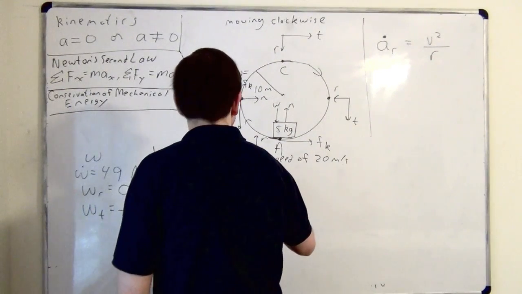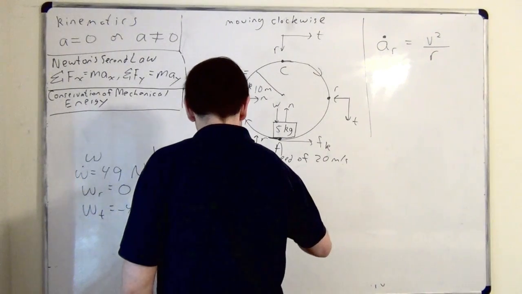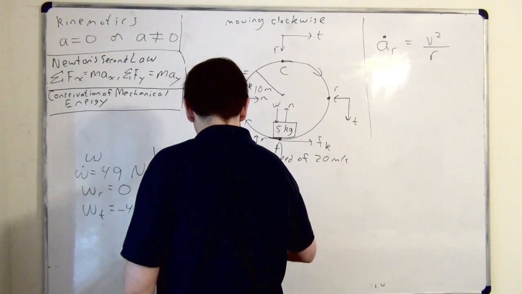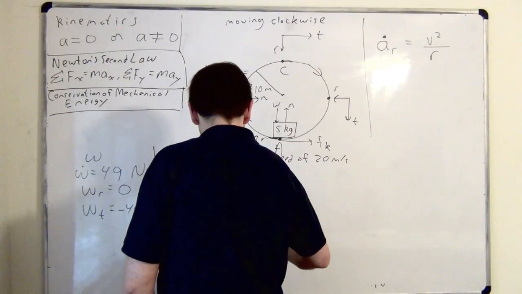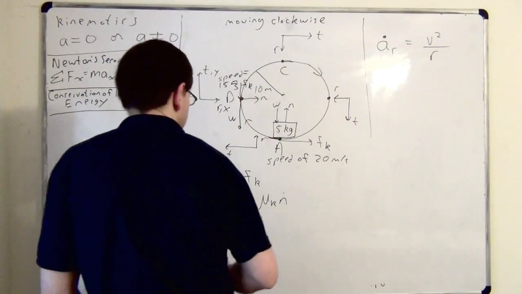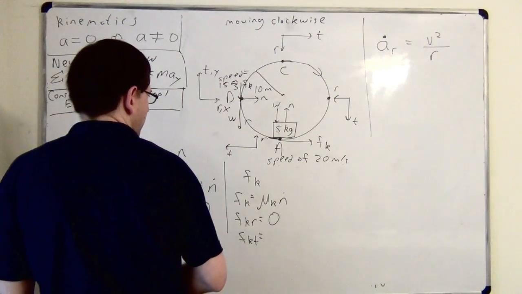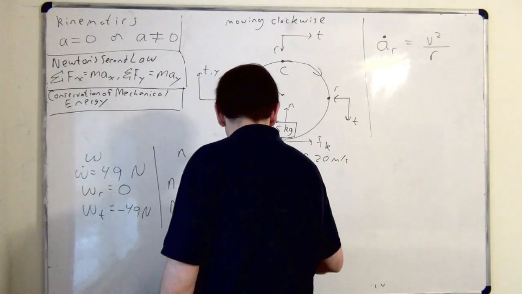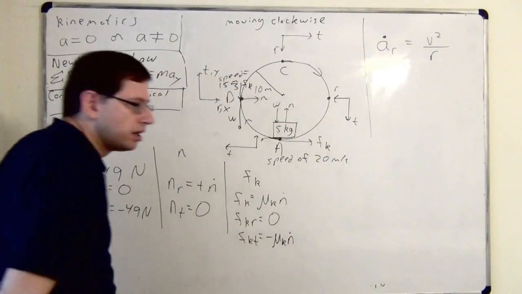And then we have the frictional force. So that's still going to be mu k times N. So what would be Fk radial and Fk tangential? Fk radial is 0, and Fk tangential is negative mu k times N. Okay.